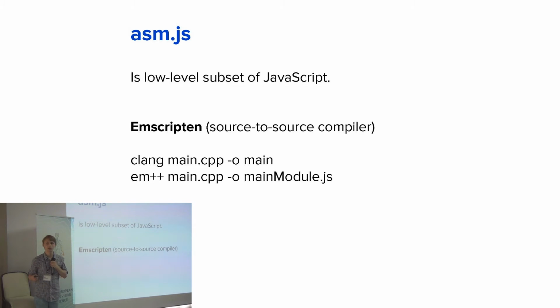There is one source-to-source compiler, Emscripten. This command is like you compile your program in C++. And with this command, you compile your C++ code to JavaScript and you can use it.